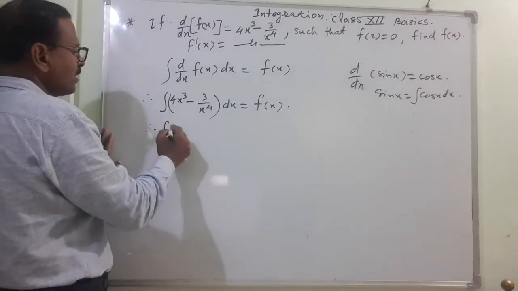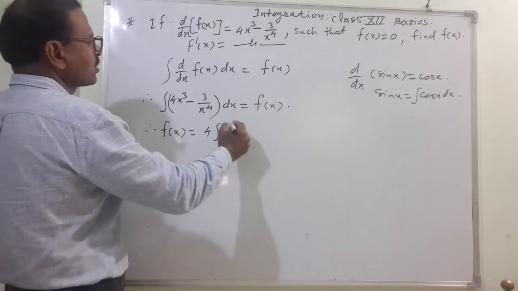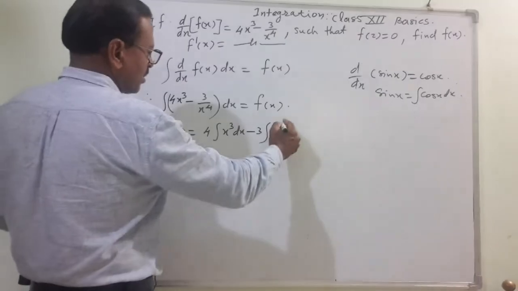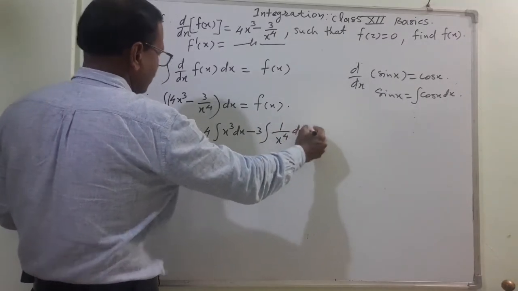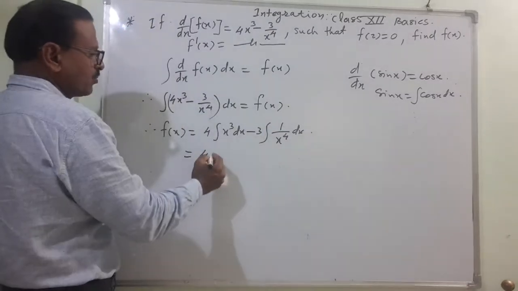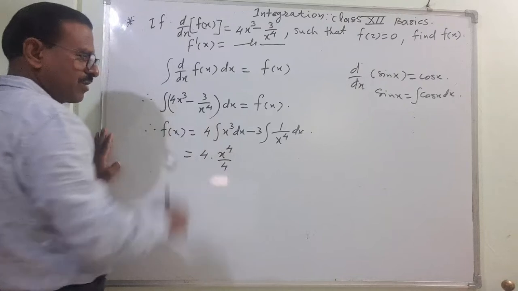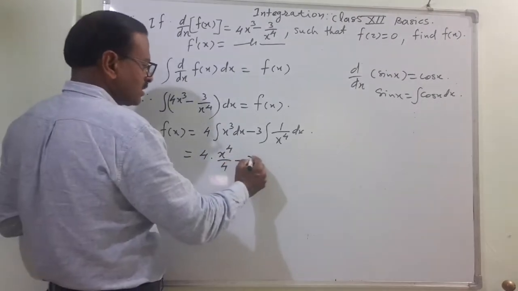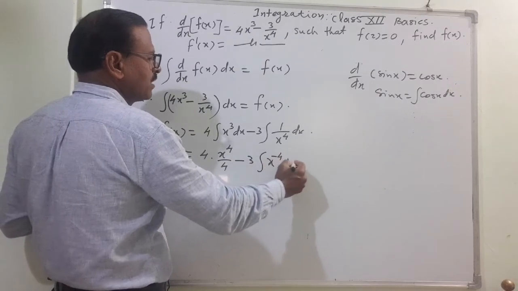Therefore, f of x is equal to 4 integration x raised to 3 dx minus 3 into integration of 1 upon x raised to 4 dx. That is equal to 4 into integration of this will be x raised to 4 upon 4. X raised to n means minus 3 into integration of x raised to minus 4 dx.